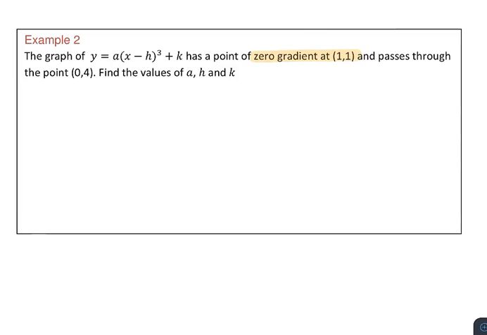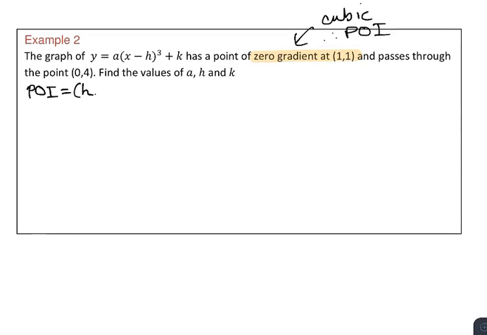Alright, example 2. The graph of the function y equals a bracket x minus h, close the bracket to the power of 3, plus k, has a point of 0 gradient at 1, 1, and passes through the point 0, 4. We're asked to find the values of a, h, and k. Note that this function has a cube, so the 0 gradient at 1, 1 is actually referring to a point of inflection.